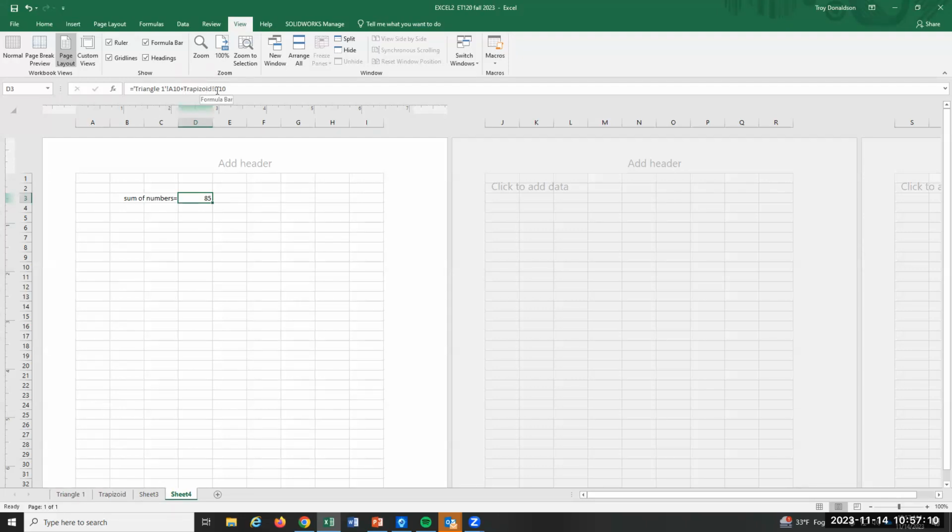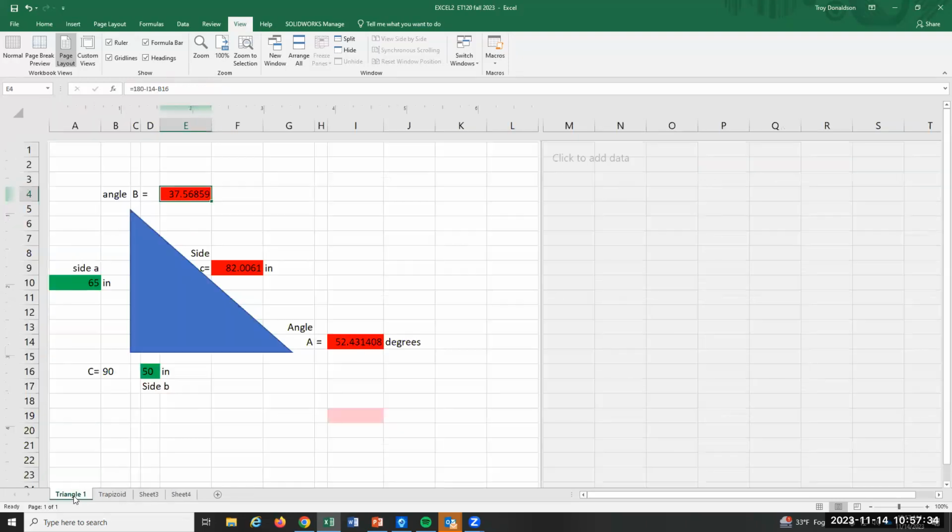And this is D10 from trapezoid. That's that sheet, right? So it'll do it. You can pull information from different sheets, and that's what you're supposed to do with sheet 4: add up the areas that you're calculating for each one of these shapes. Sense?